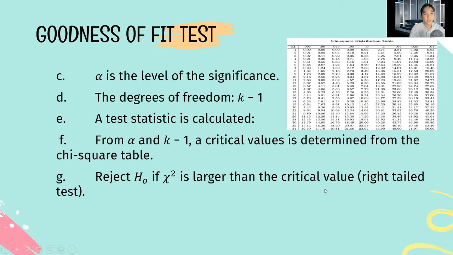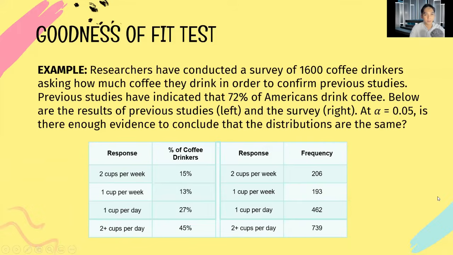O kapag mas malaki yung na-compute nating chi-square compared sa critical value sa table. And ito yung tinatawag na right tail test. Okay, para mas maintindihan, solve tayo ng isang problem.